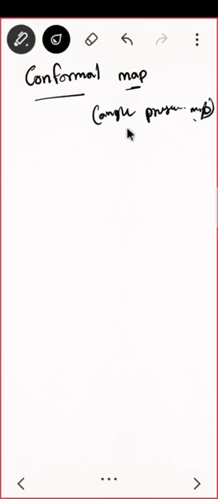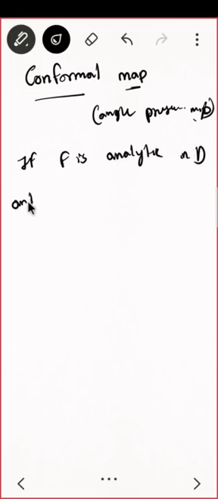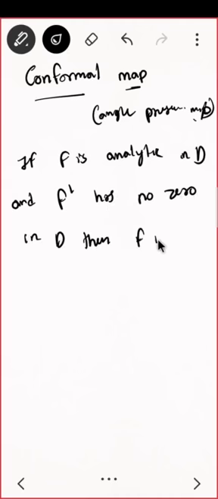The easy way to check whether it is conformal, you just have to find the derivative. If f is analytic in D and f dash has no zero in D, then f is called conformal in D. Correct?